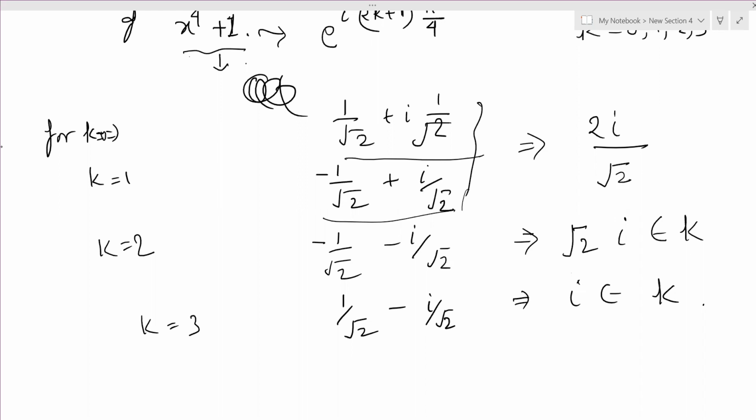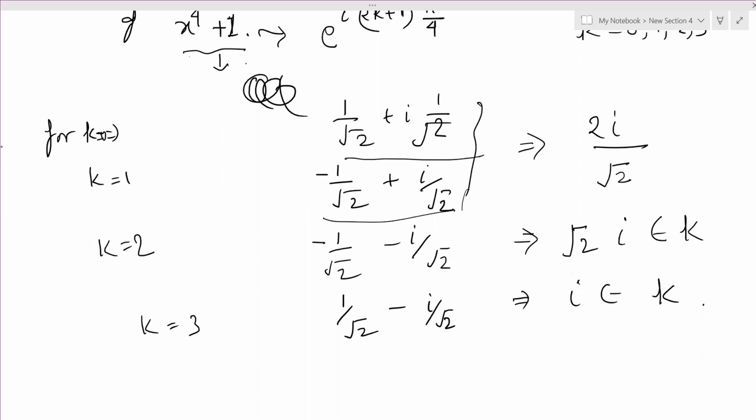If the product of two elements is in a field, is it possible that one of the elements is not in the field? Is this possible? Yes, it is possible, right?